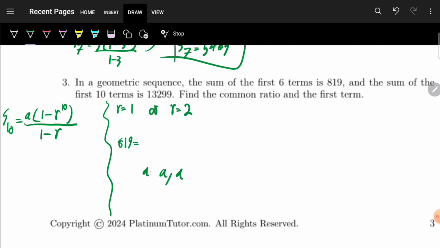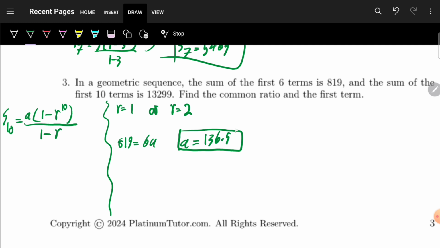So if we add 6 a's together, because this was the sum of the first 6 terms, we're going to get 6a. So what would a be in this case? It would be 819 divided by 6, which is 136.5. Okay, so this would be our a term.